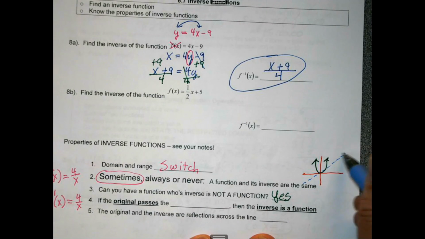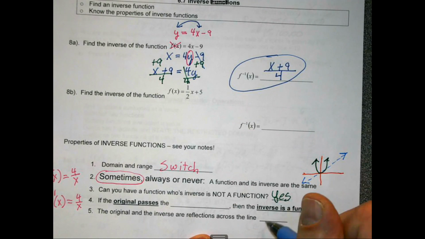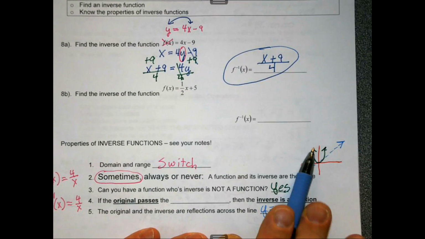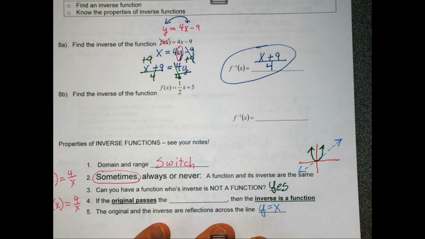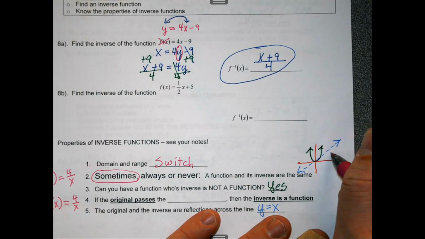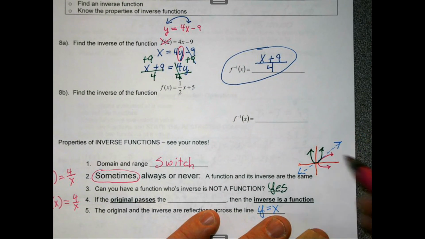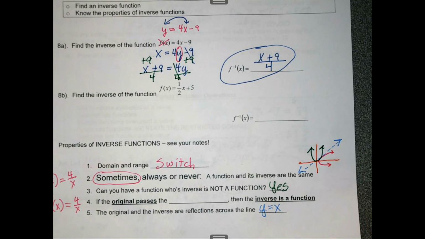The y equals x line, right? If I reflected that about the y equals x line, I would have like a sideways parabola, wouldn't I? And that's not a function. Nope.